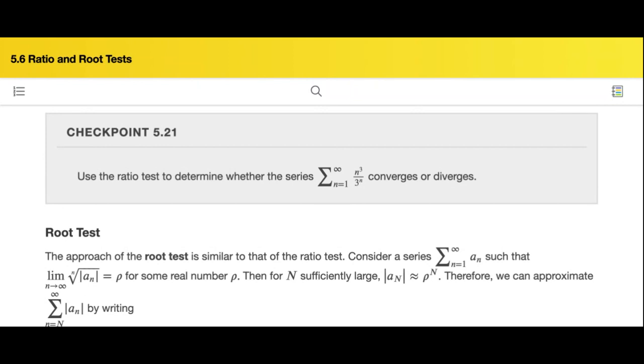If you get a number less than 1, you can conclude by the ratio test it converges. If you get a ratio greater than 1, or you don't get a ratio, you get infinity, by the ratio test it diverges. If you do get 1, it's inconclusive.